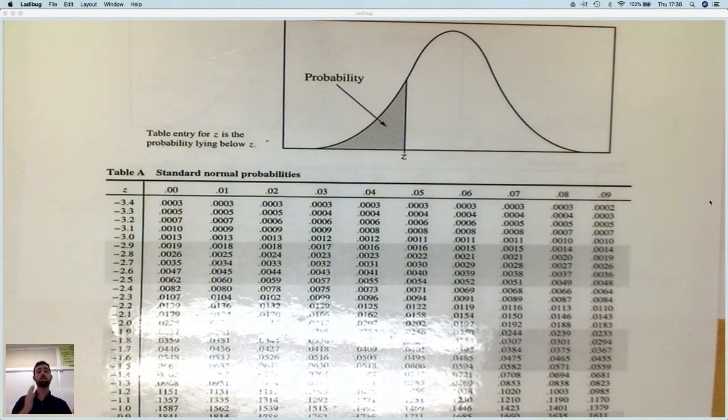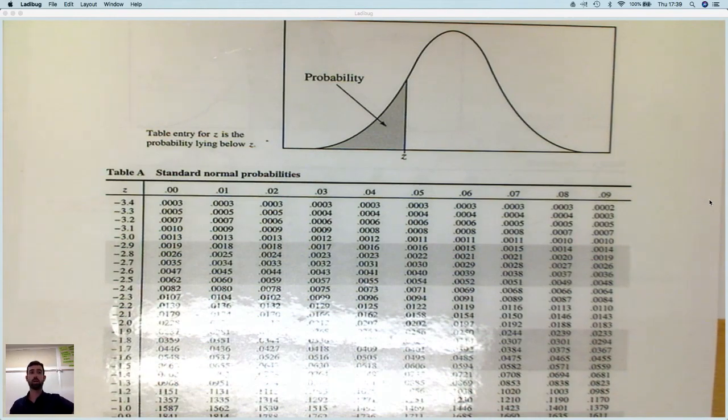Positive z-scores mean it's above the average. This is a helpful tip, that if you see a multiple choice question and you see that your data point is above the average, and you see multiple choice answers that have negative z-scores, they cannot be correct, because our data point is above the average, which is going to produce a positive z-score. All right, so that will save you a little bit of time when you're answering multiple choice questions.